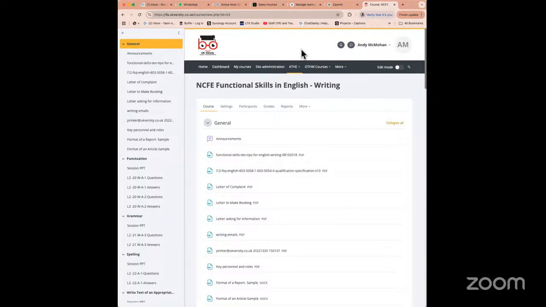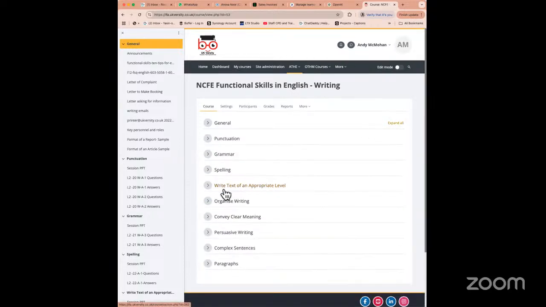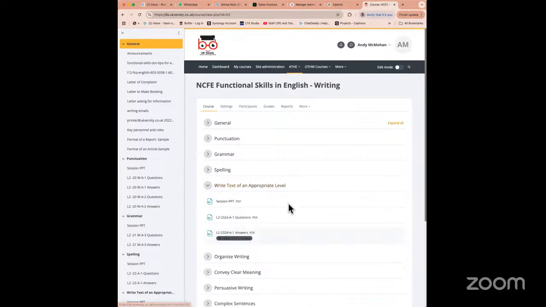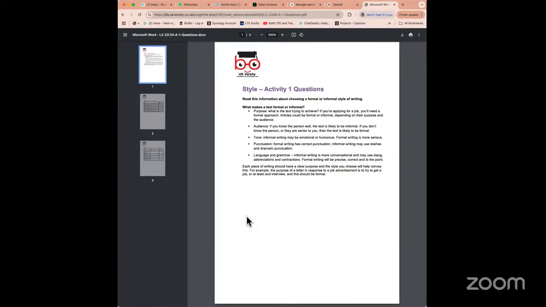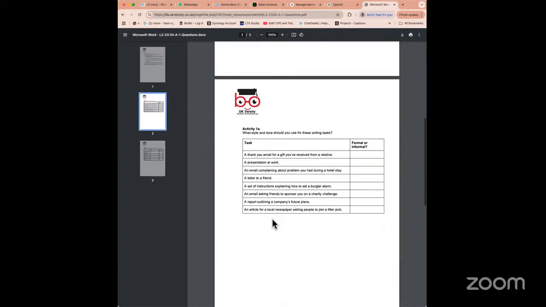So if I'm logged into Moodle now, so if I just collapse all and basically go to this part, which is write text to an appropriate level, that is the bit that we discussed today. And here there is a small bit of an exercise that has been given, which I would suggest that you could look at in terms of helping to decipher or basically identify what is formal style of writing and what is informal style of writing.